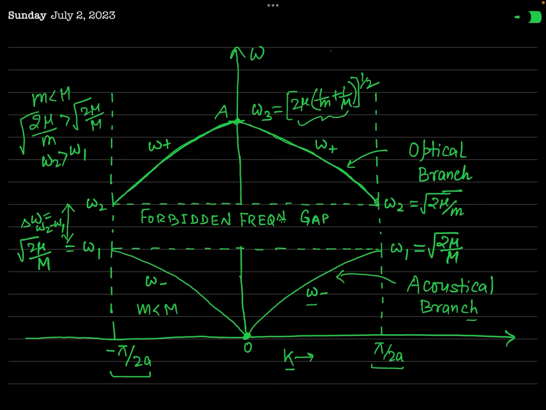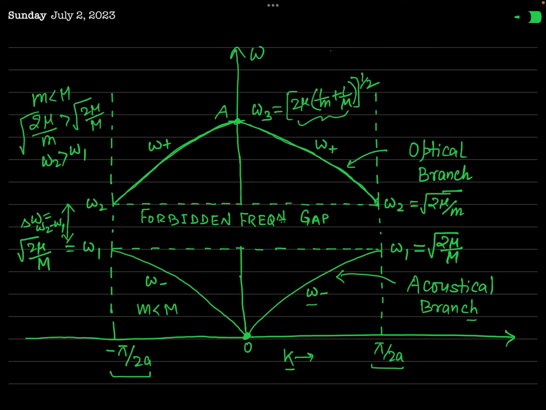Actually, the frequencies which lie between omega 1 and omega 2 cannot be excited in this lattice. It means that those frequencies are prohibited frequencies. You can excite all those frequencies from 0 to omega 1 and from omega 2 to omega 3.